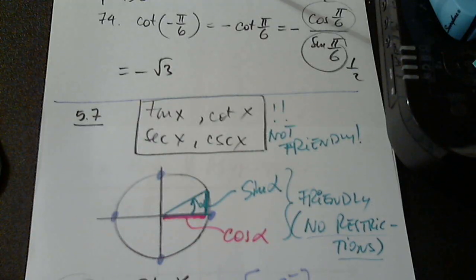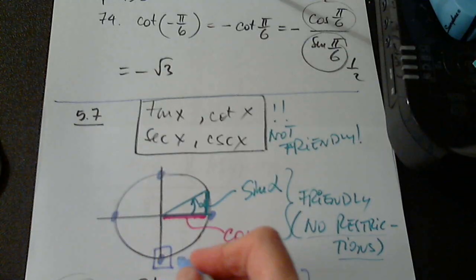Okay. But yes, that's what I want. But it's not at 180 degrees. Is it 270? Yes, this is one of them. 3 pi over 2, correct? Very good, awesome. So at this point, cosine is 0.